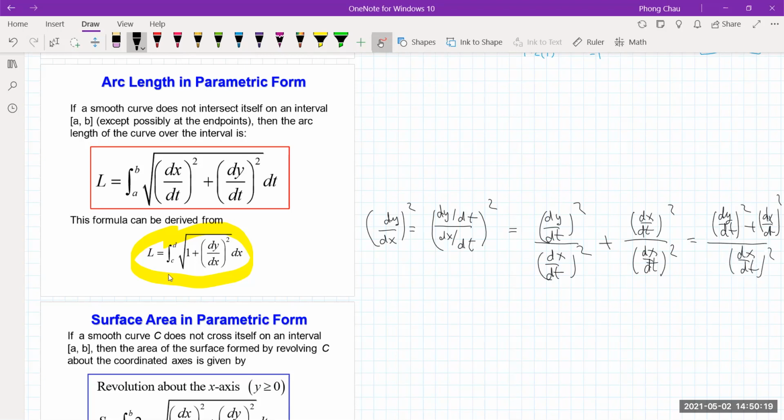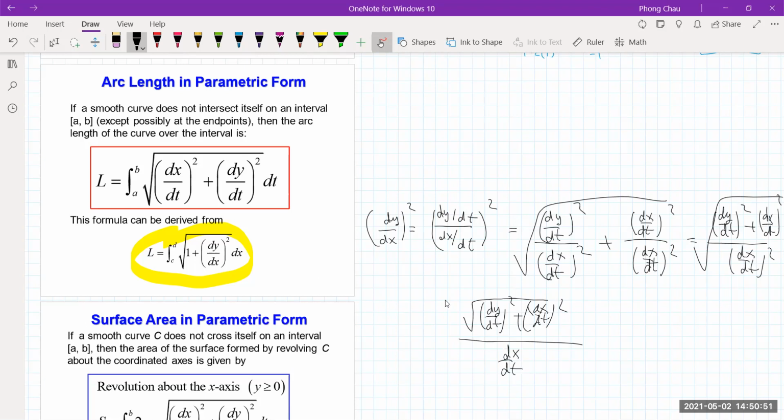Now notice that there's everything inside the root, so technically square root there, square root there. The denominator, when you take the square root of (dx/dt) squared, it becomes just dx/dt. So I have (dy/dt) quantity squared, and then (dx/dt) quantity squared over, the square root and square cancel. You have dx/dt there.